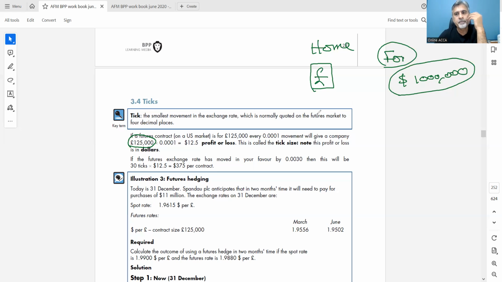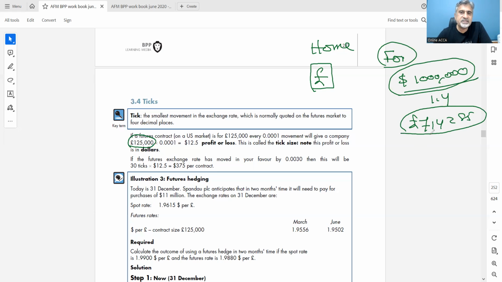Let's suppose as of today, 1 million divided by 1.4 makes 714,285 pounds. So actually, this is the amount which is at risk, and I need to protect it.